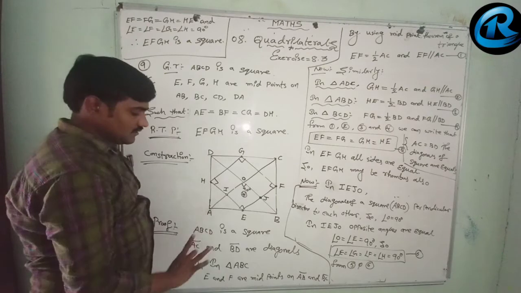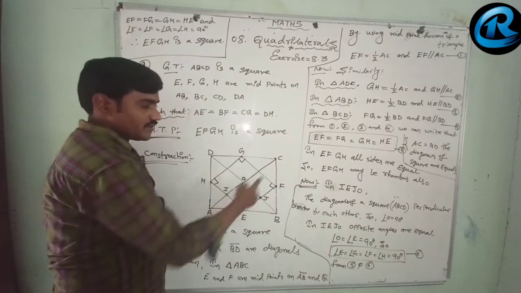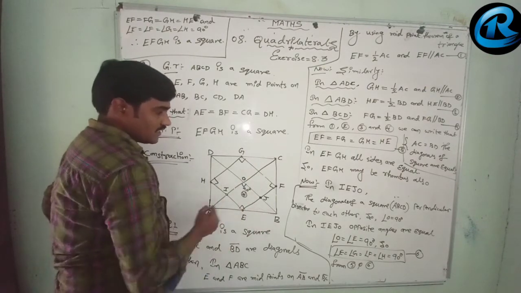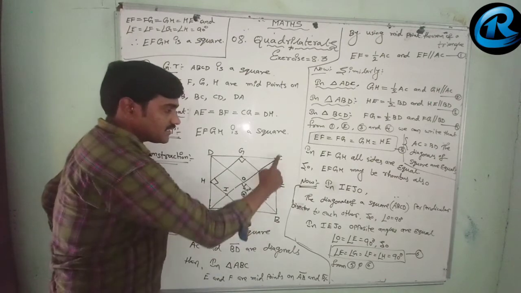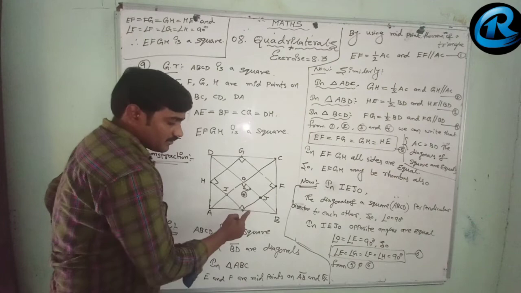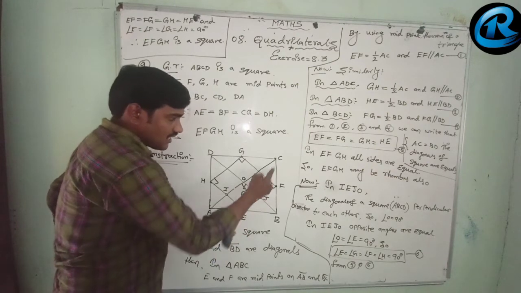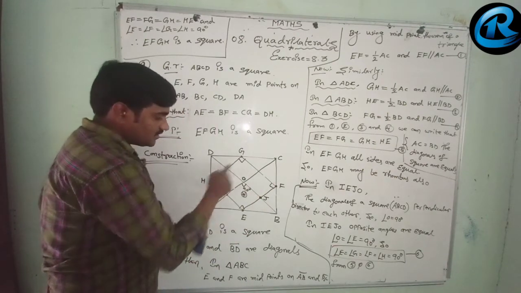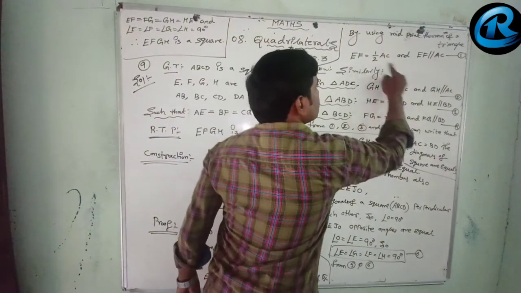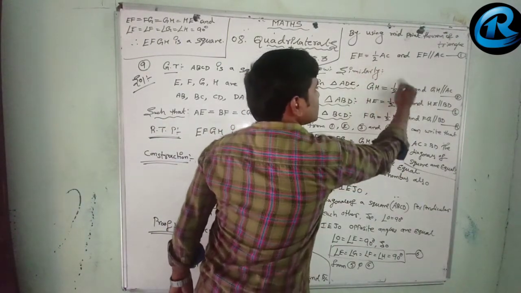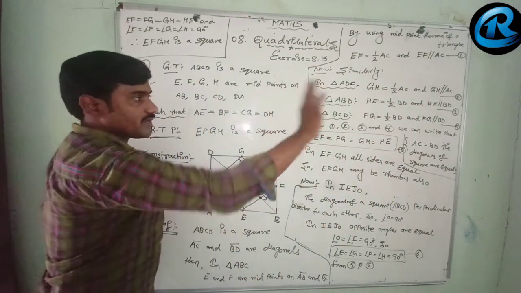So see, what did we do first? Given that ABCD is a square. So the diagonals AC and BD are there. So I have taken 4 triangles. We took triangle ABC. By the midpoint theorem, EF is half of the AC and GH is half of the AC. Equation number 1 and equation number 2. Put that aside.